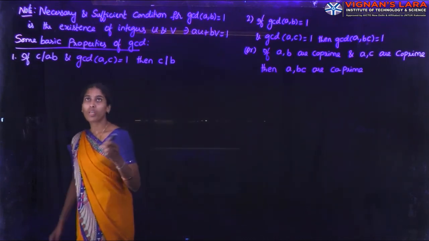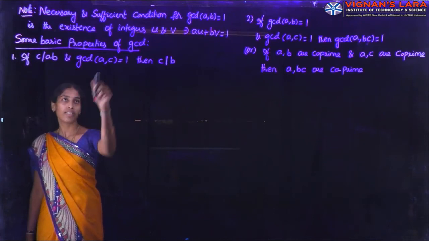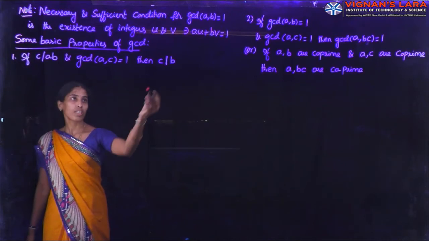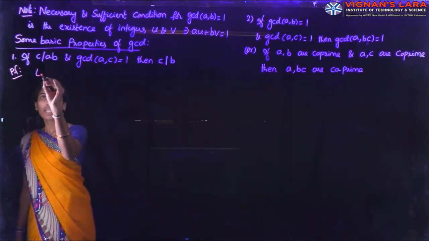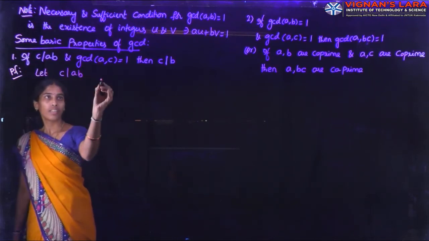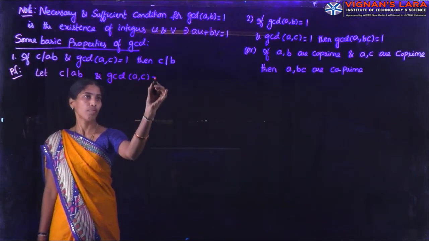Here the first property of GCD is: if C divides AB and GCD of A comma C equals 1, then we need to prove that C divides B. So let C divide AB and GCD of A comma C equal to 1.